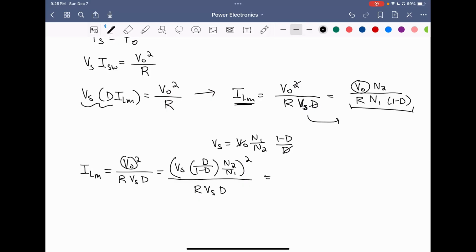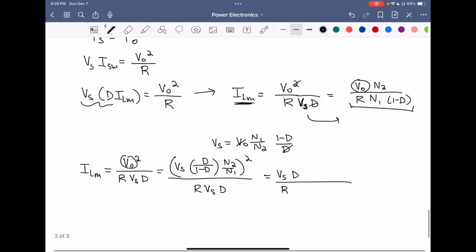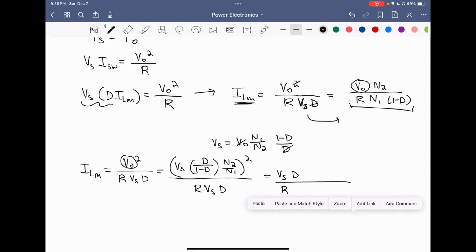we're going to get VS squared. That's going to cancel out with VS on the bottom, and we will have R still on the bottom. The D squared will cancel out with the D on the bottom, and we will get a 1 minus D squared on the bottom.